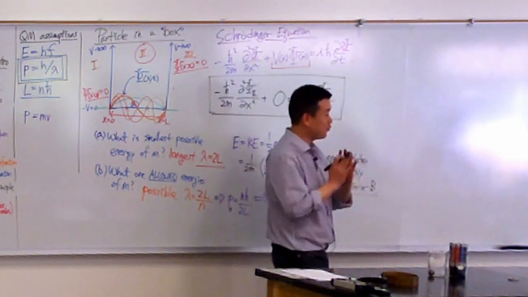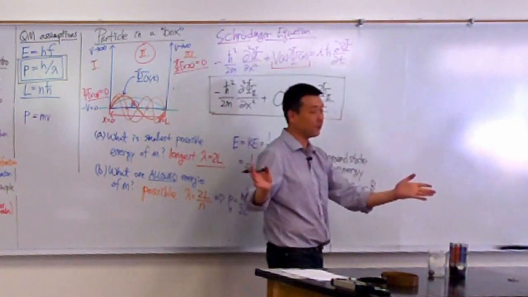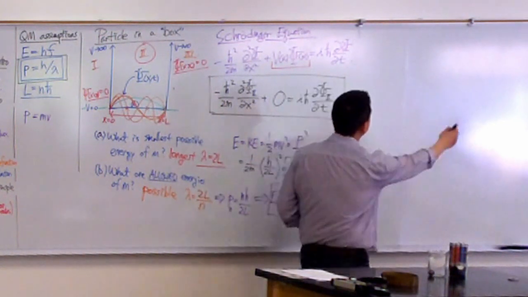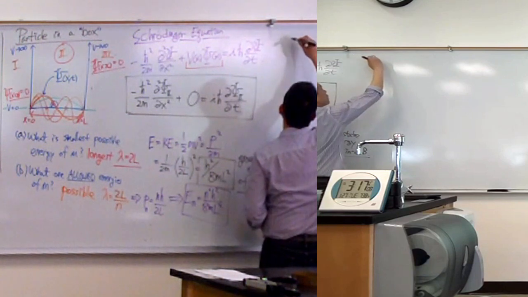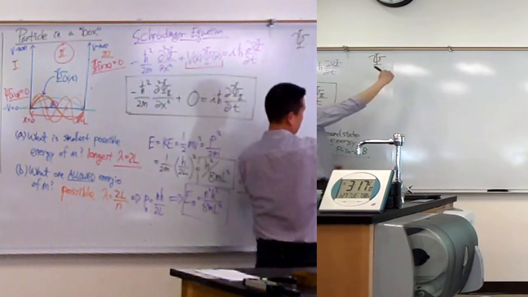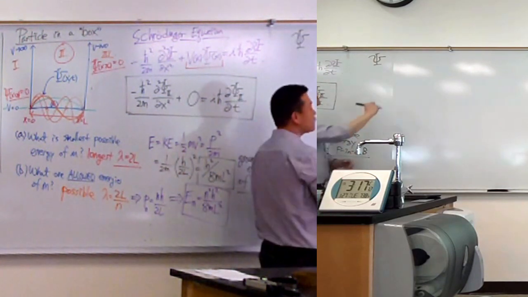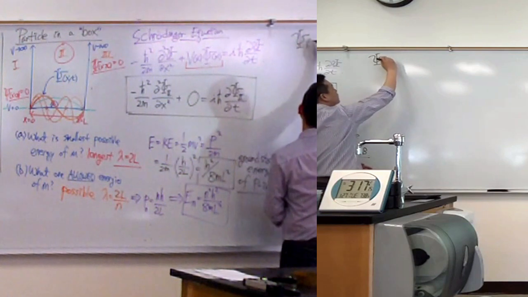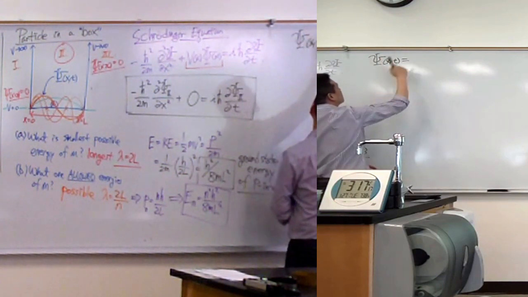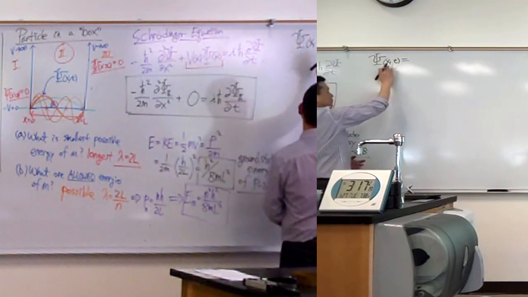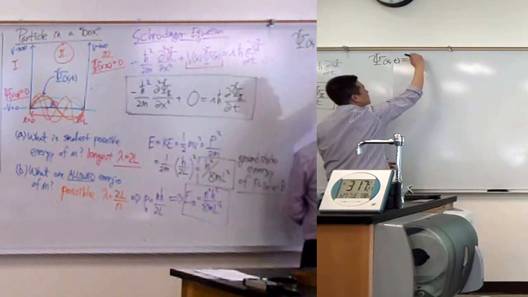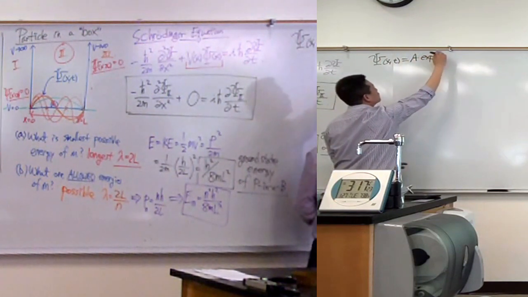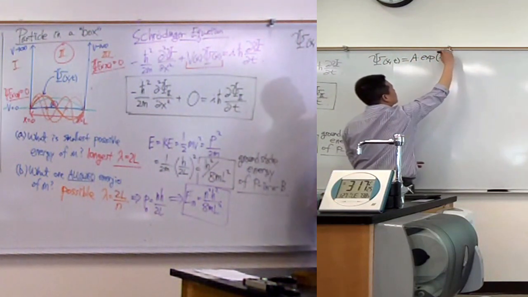This is our universal guess for differential equations. Our universal guess is the wave solution. It takes the form of the plane wave. So psi of x,t, as a function of position and time, is some kind of complex exponential.